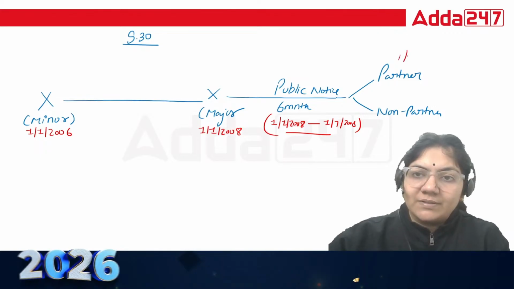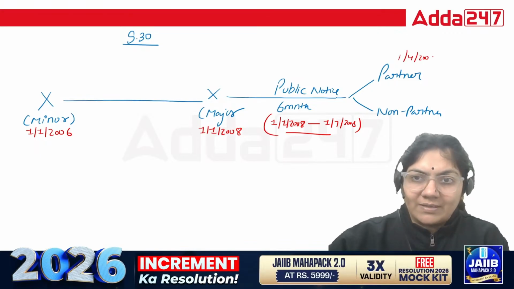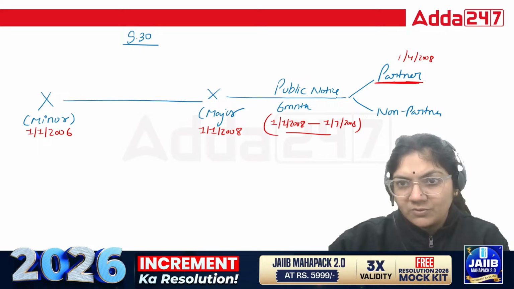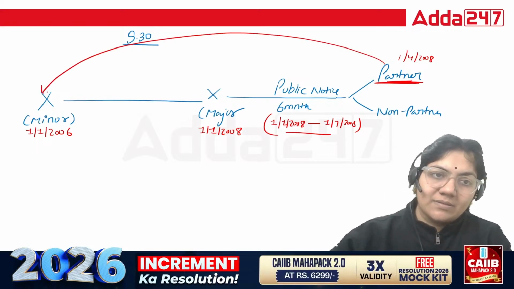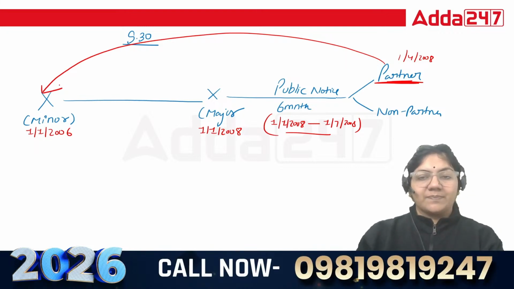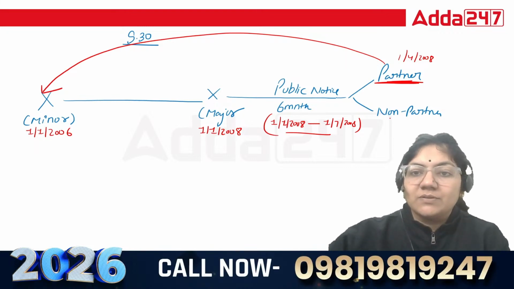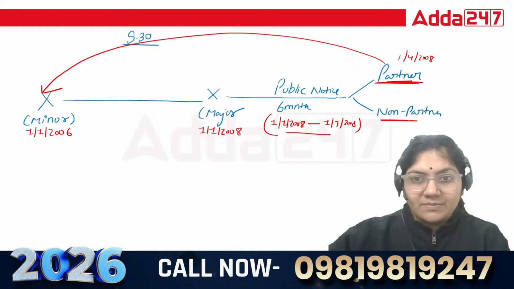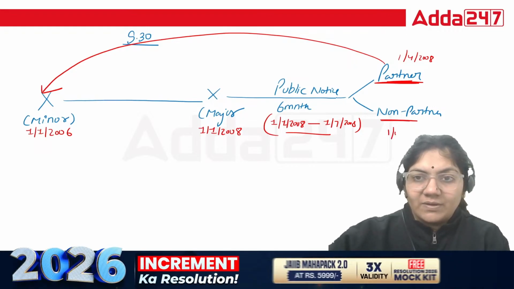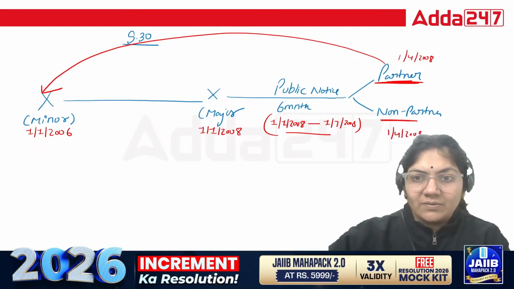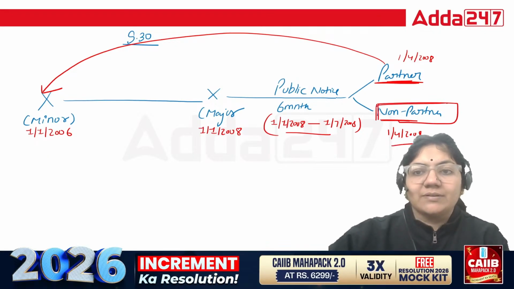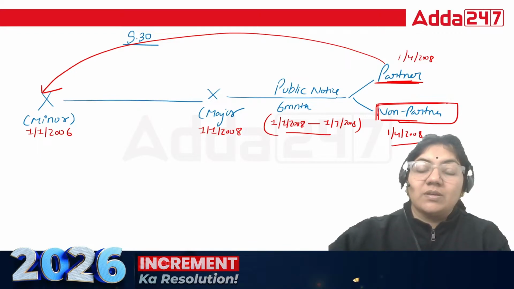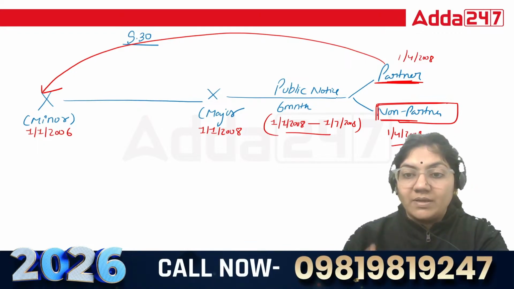If he declares that he wants to become a partner, his liability will start from this date. And if he doesn't want to become a partner, suppose on 1/4/2008, his liability will end here. So these two are very important points.